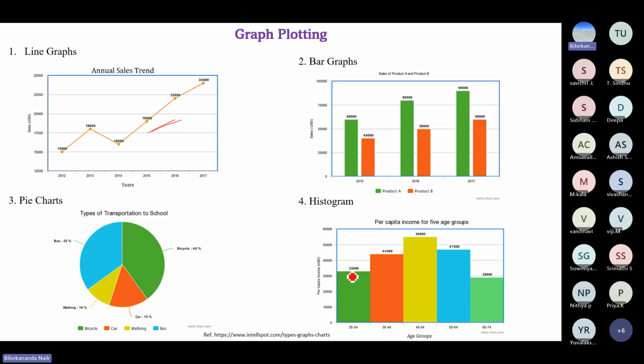And a histogram is used when, as you can see here, there are discrete numbers like 2012, 2013, 2014, but here there are ranges. When you are separating the variables into different ranges so that things are continuous, like 25 to 34, then 35 to 44, we use a histogram.